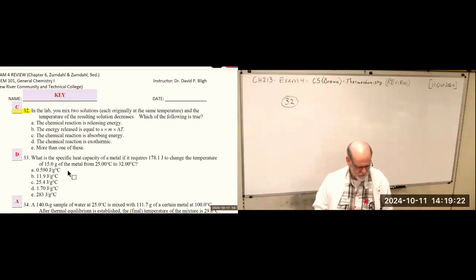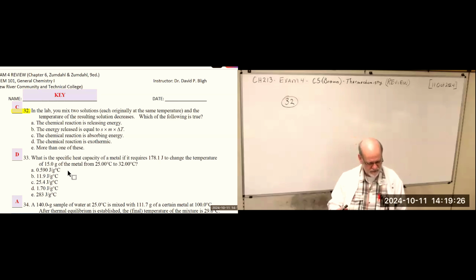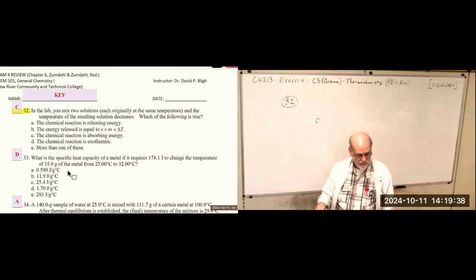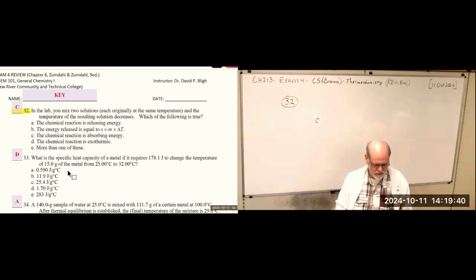So which of the following is true? If we mix these two together and the temperature decreases, the chemical reaction is releasing energy? No, it's absorbing energy. So C would be a valid answer. Energy released is equal to Sm delta T. Well, it's not releasing energy, right?